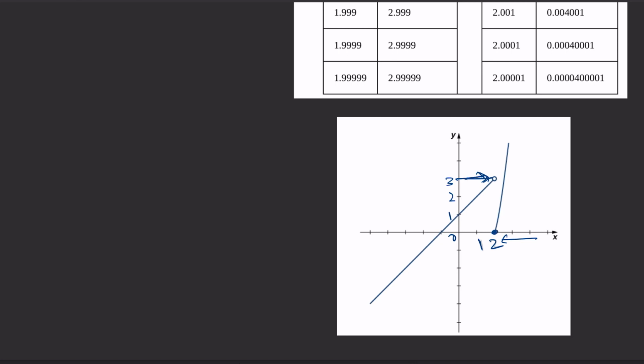So as you can see, the graph breaks here because the limit does not exist.